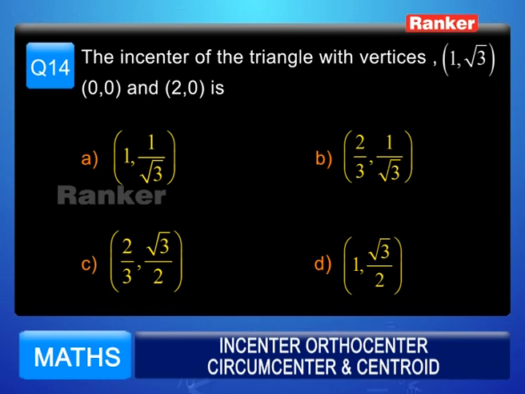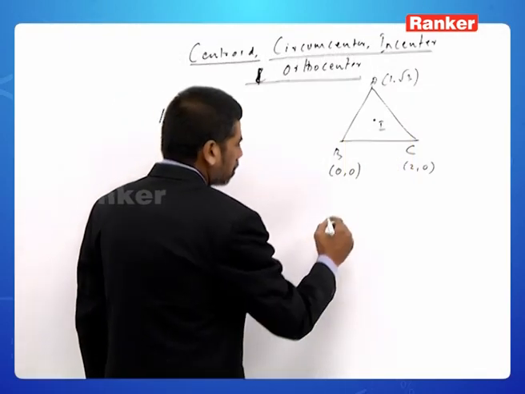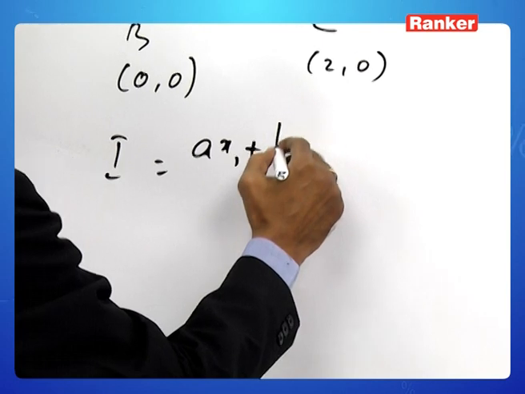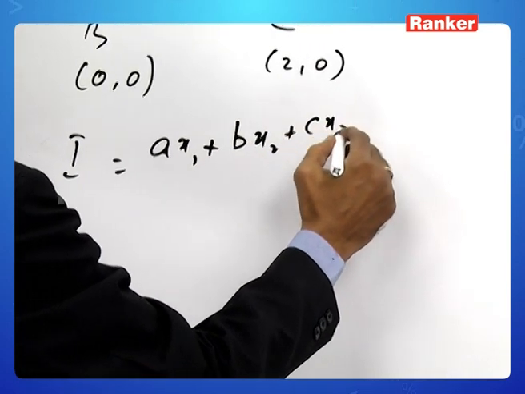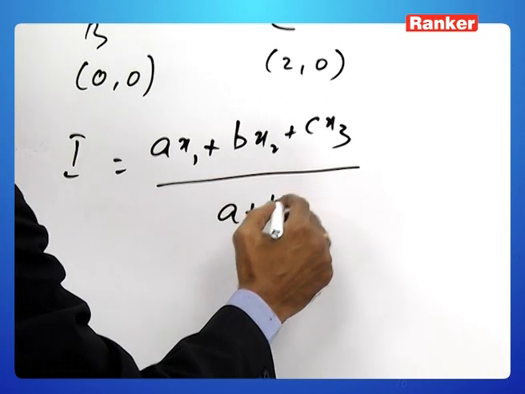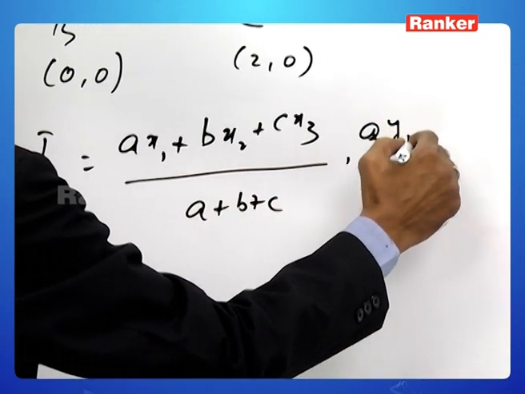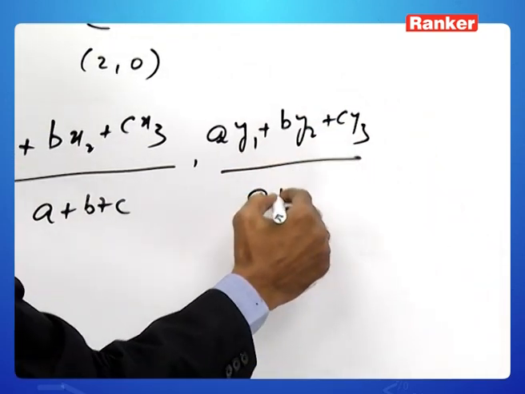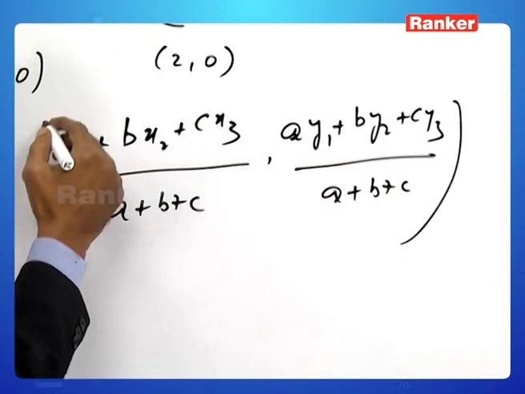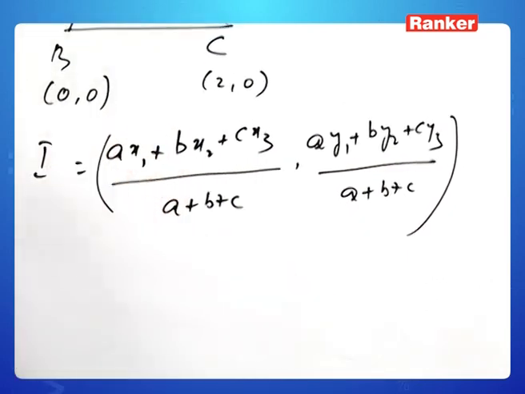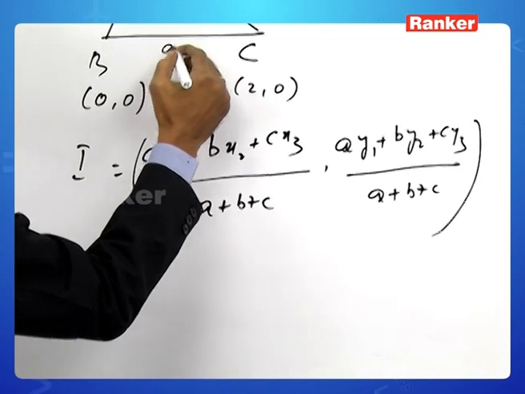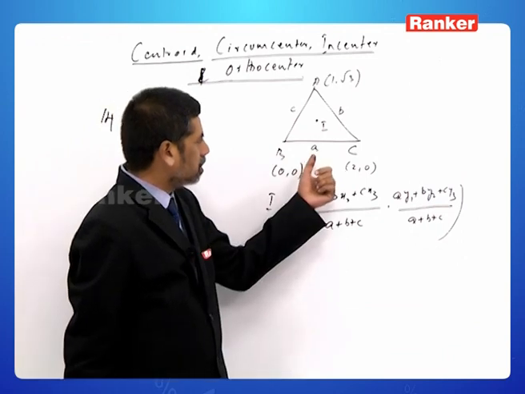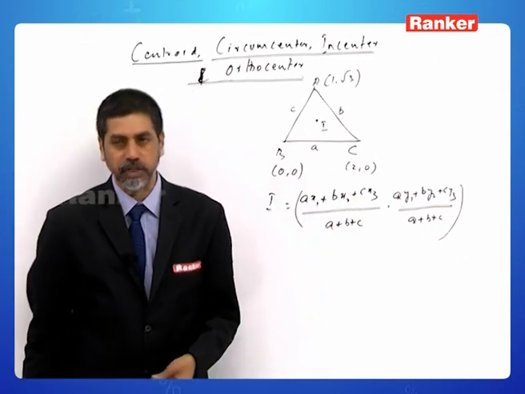You know, incenter can be computed using the formula (ax1 + bx2 + cx3)/(a + b + c), (ay1 + by2 + cy3)/(a + b + c), where small a, b, c are the sides facing the vertices big A, B, C. So what is required is computing the lengths of the sides a, b and c.